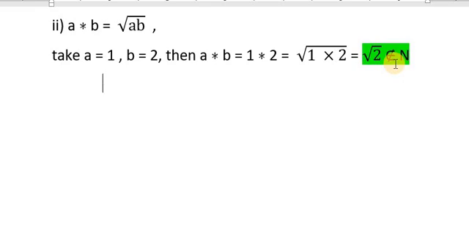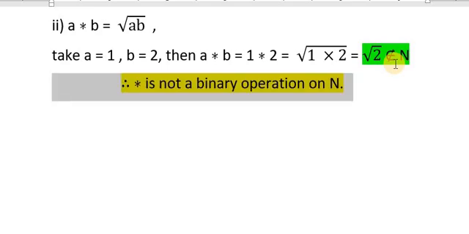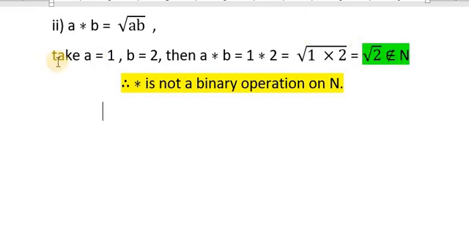In this case, star is not a binary operation. Why? Because a star b is equal to root 2 for a is equal to 1 and b is equal to 2. So root 2 is not present in N. Therefore, star is not a binary operation.